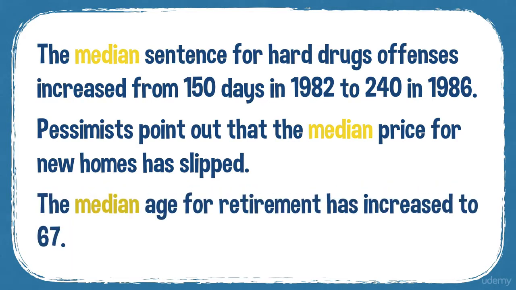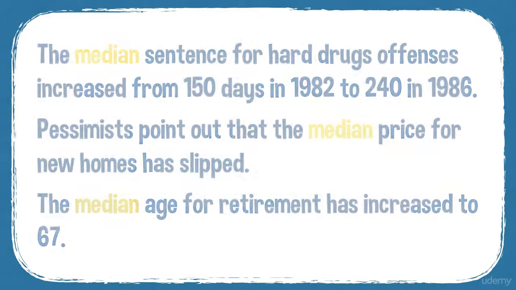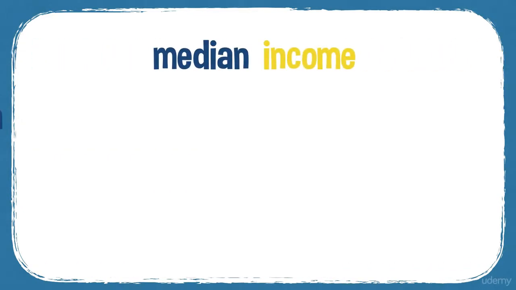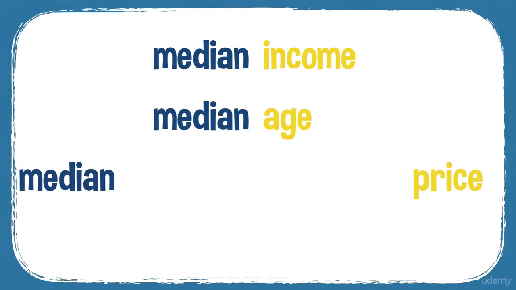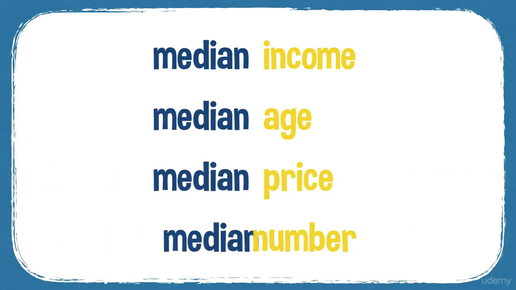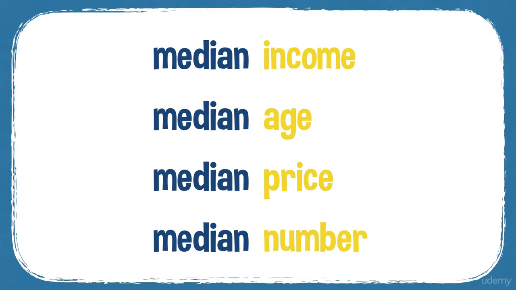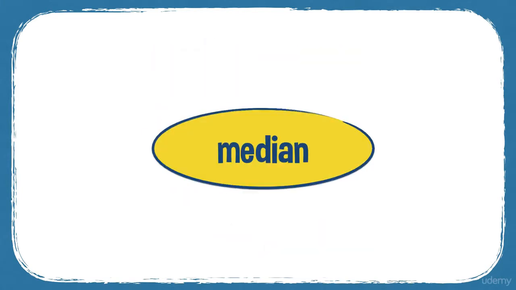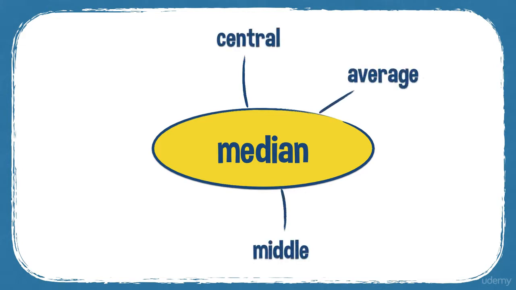And the median age for retirement has increased to 67. So we talk about median income, median age, median price, median number. These are common collocations. And some synonyms for median: central, middle, average, midpoint.